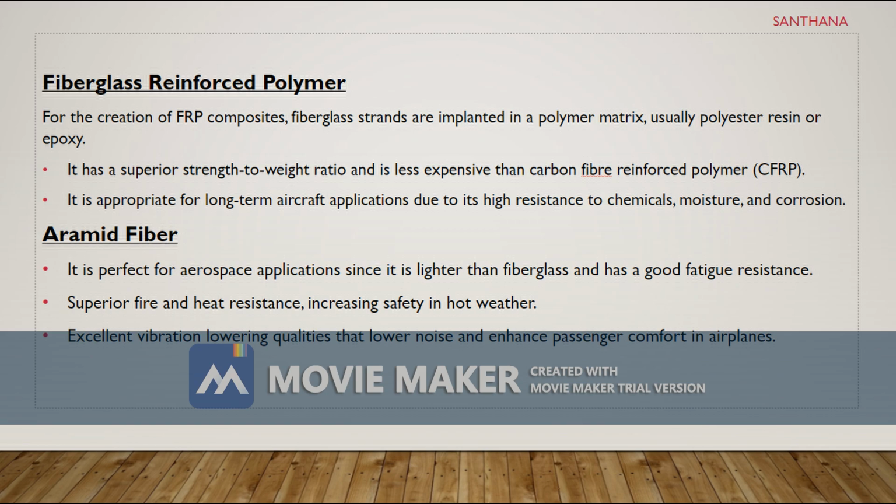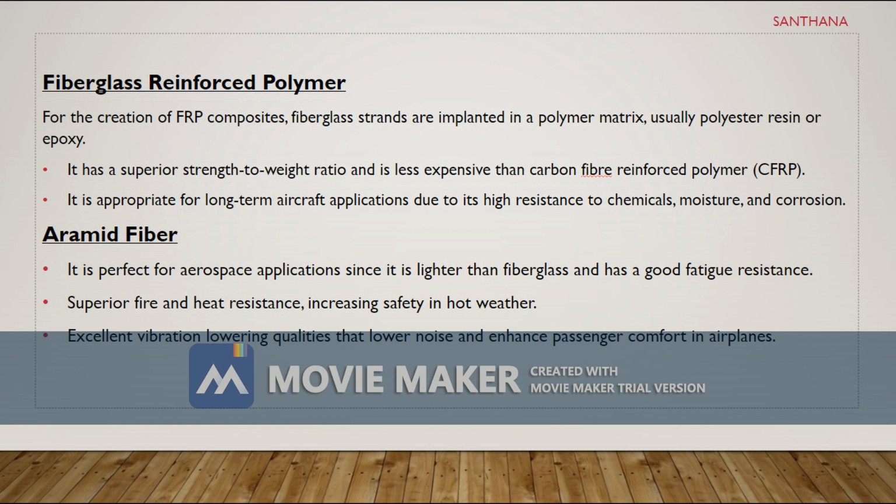Next, we have aramid fiber. This material is even lighter than fiberglass and has excellent fatigue resistance, making it ideal for aerospace use. One of its standout features is its superior fire and heat resistance, which improves safety in high temperature conditions.